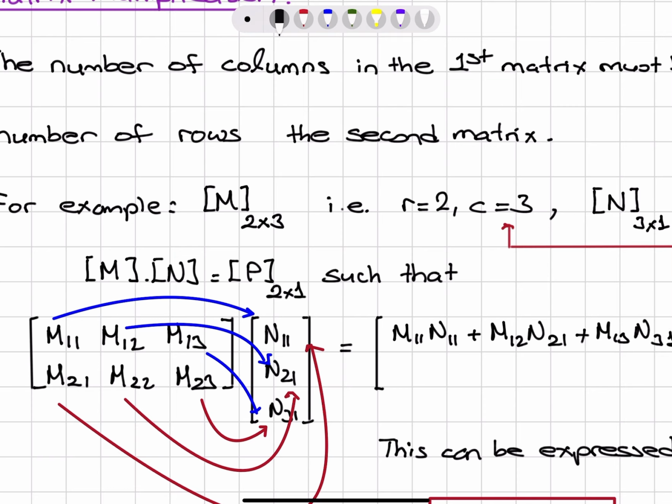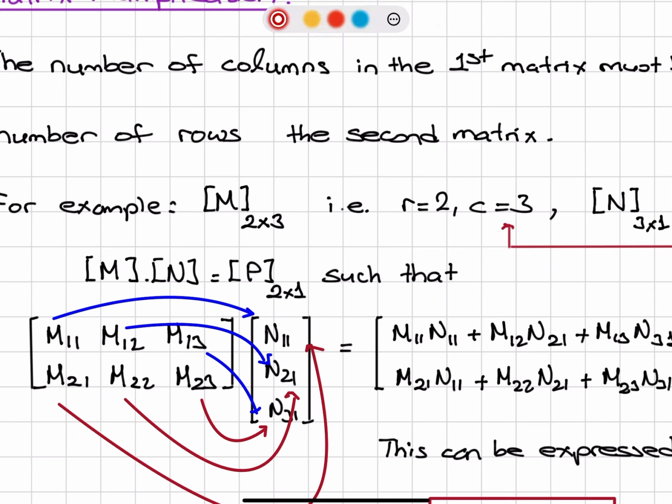And for the second element, this is going to have 2 rows, 1 column, remember. We have M21 N11, M22 N21, and M23 N31 multiplied and added together. So the second element of the P matrix is M21 N11 plus M22 N21 plus M23 N31.